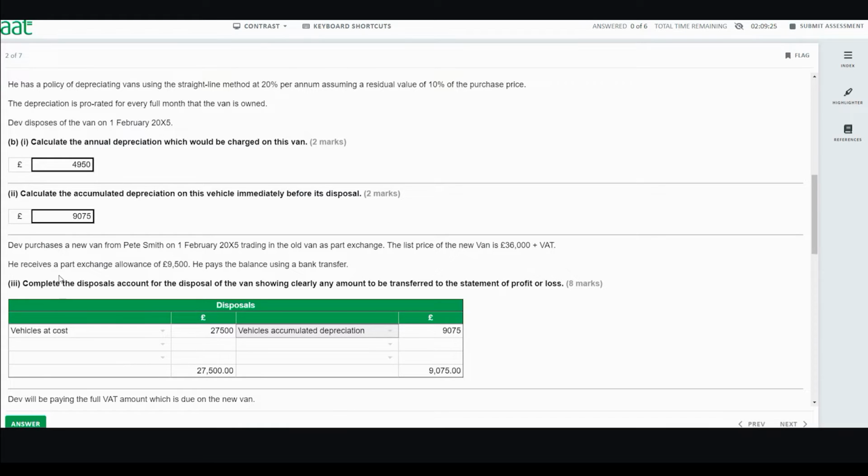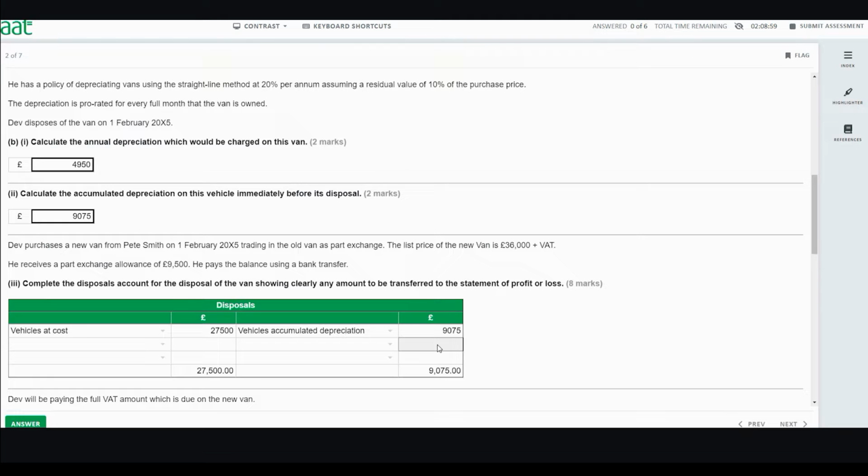It says here that we got 9,500 in part exchange. If you were receiving it in cash or bank transfer, it would go straight into your bank. But we're actually not receiving the 9,500 in cash. We are getting the money for a vehicle that we've traded in.